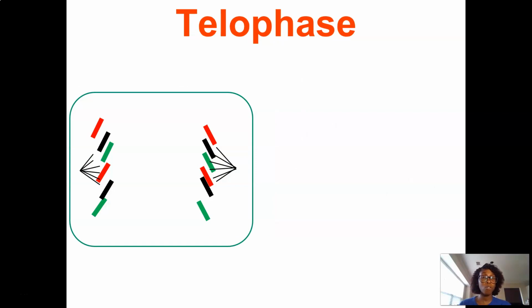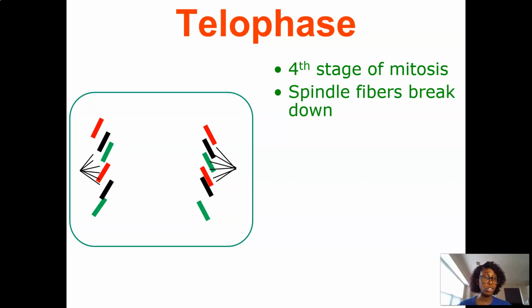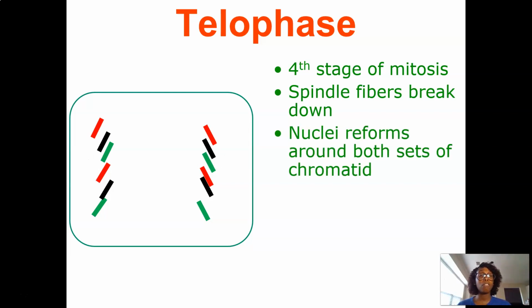Once those chromatids pull apart, our cell then goes into telophase, which is that fourth stage of mitosis. This is when the spindle fibers start to break down because they have performed their duties. The nuclei form around both sets of those chromatids.